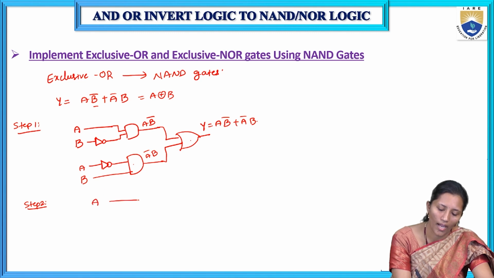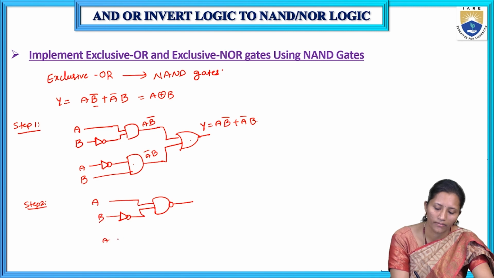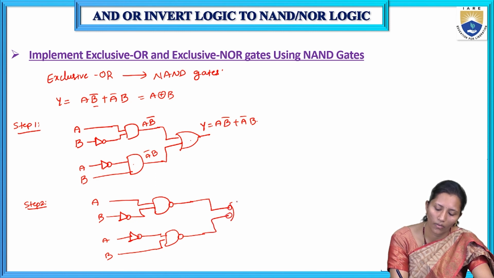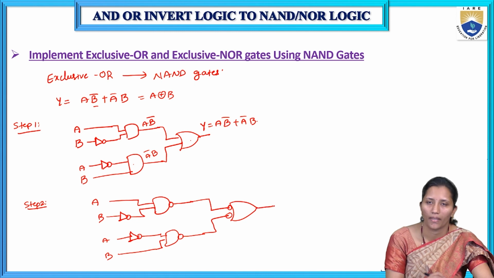So first we have to add bubbles at the output of the AND gates, and bubbles at the input of the OR gate. So for this OR gate we have to add bubbles at the input side.